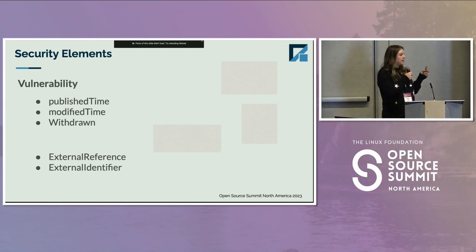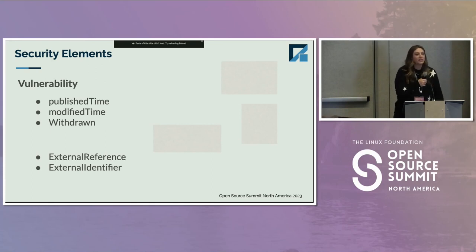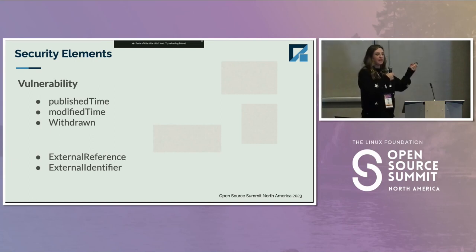These profiles use the core profile and then inherit from it. So a vulnerability is a security element. It inherits from core's element thing. And, yes, a vulnerability is an element, and it has a published time, modified time, and withdrawn.